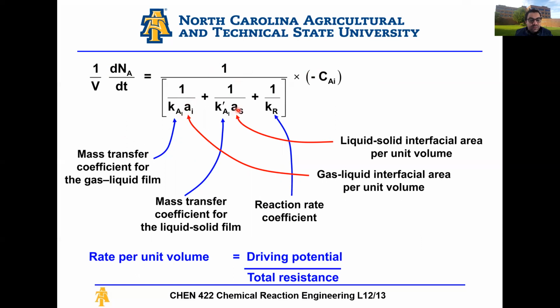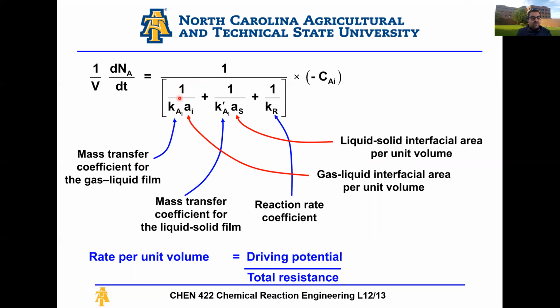However, I have a specific A parameter for my gas liquid and my liquid solid, right? And this is important when you have 3 phases. You need to separate your interfacial area, or your surface area per unit volume, for each pair, gas liquid and liquid solid.